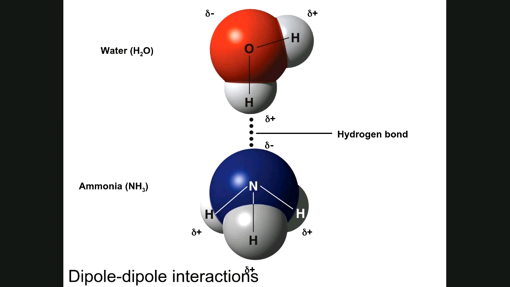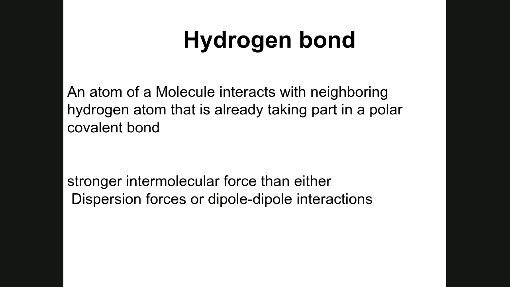This is why we call it hydrogen bonding. This is one of the strongest intermolecular forces. And can you believe it is this hydrogen bond that makes the water that you are drinking?